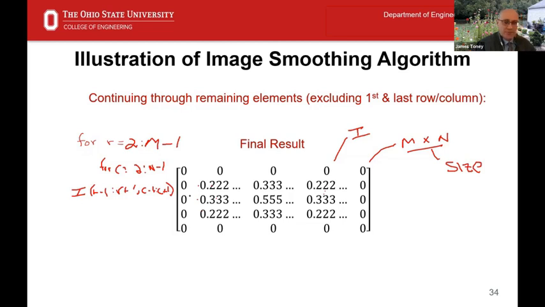That's the submatrix. And that's what we take the average of. But remember, with a matrix, if you apply the mean function, it does it column by column. We want the mean of the whole matrix, so we do comma all.